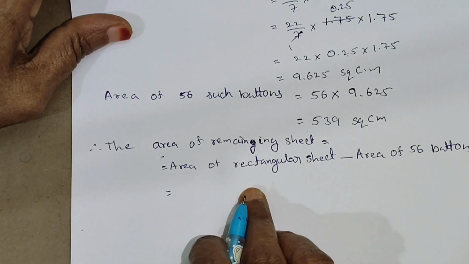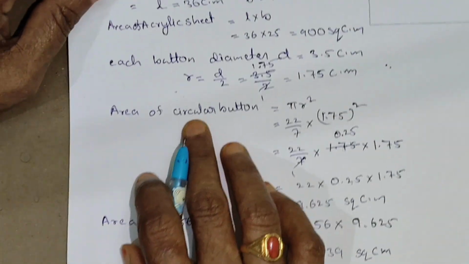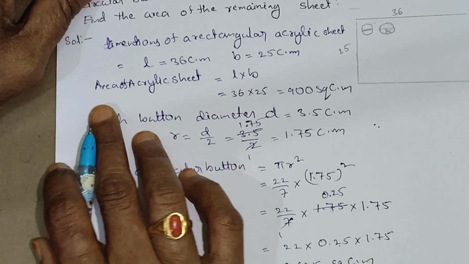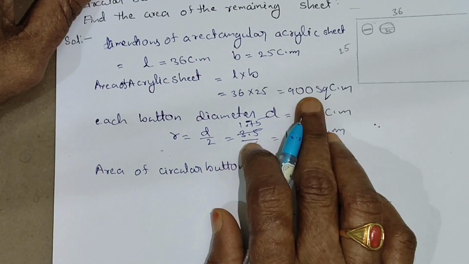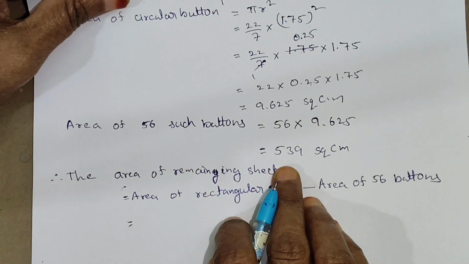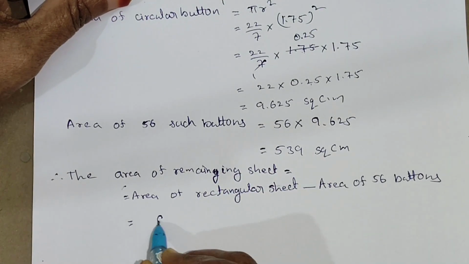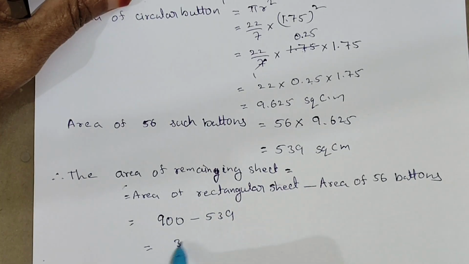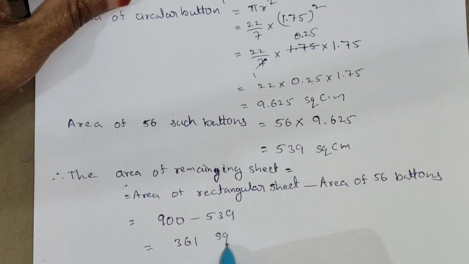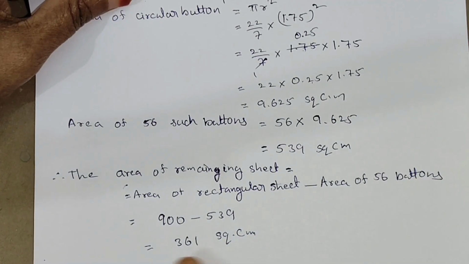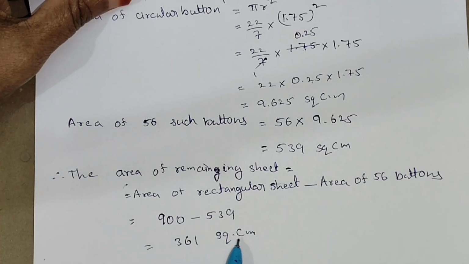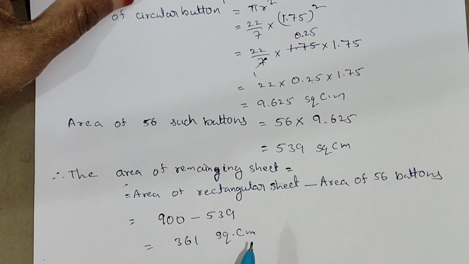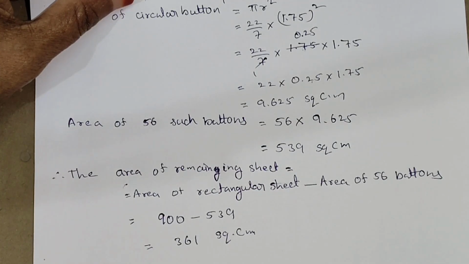That is 900 minus 539, which equals 361 square centimeters. So the remaining sheet area after cutting the 56 buttons is 361 square centimeters, the final answer. This is the complete answer to the first question.